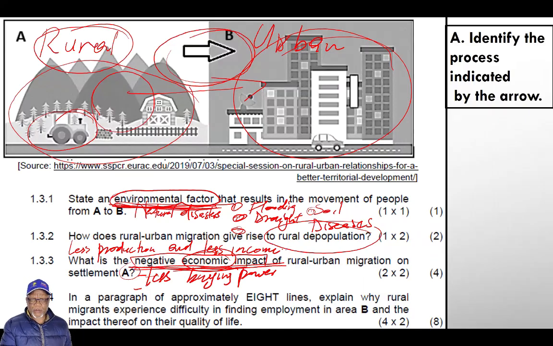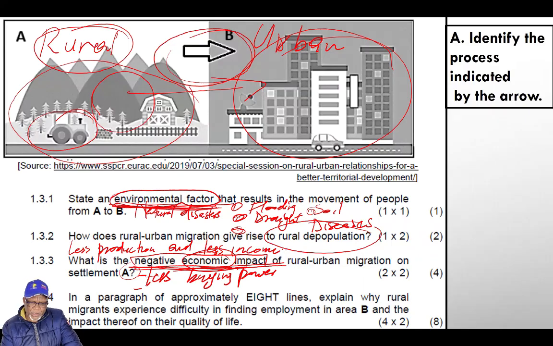The shops close down because of no customers. And then when shops close down, what happens? There is no profit. So it is the same cycle that's going to continue over and over.